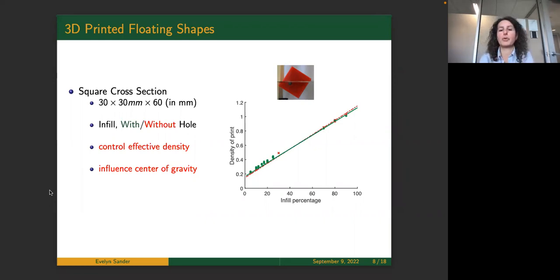So we had to do a whole bunch of measurements. What we ended up doing after a while is not printing the whole thing, but printing little boxes like this, which take a lot less time to print, and using that to get the 100% infill case to figure out the density ratios.